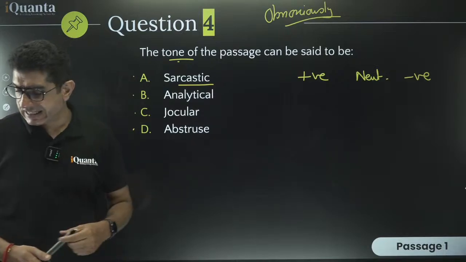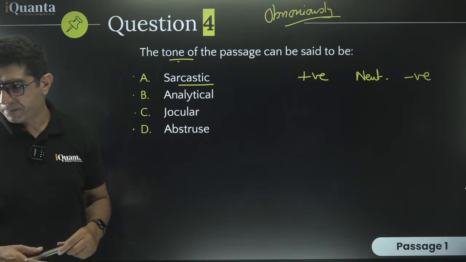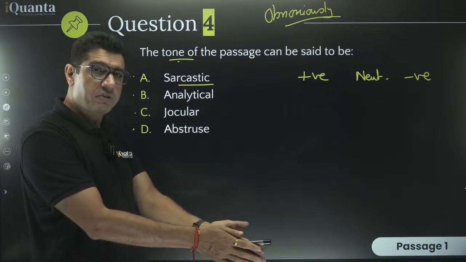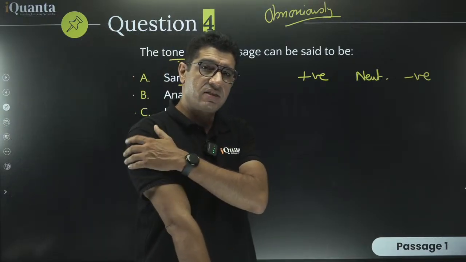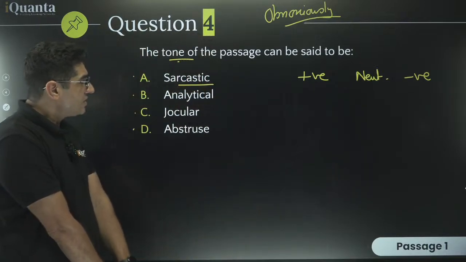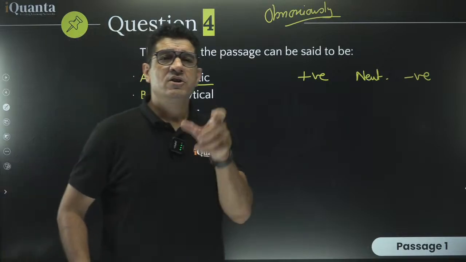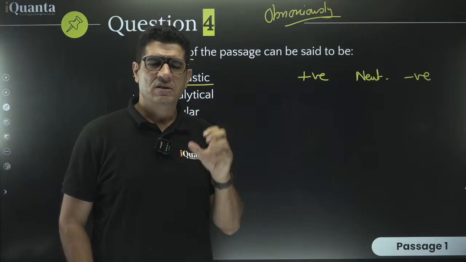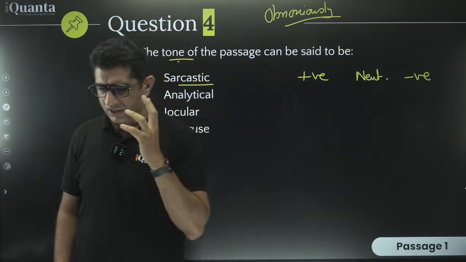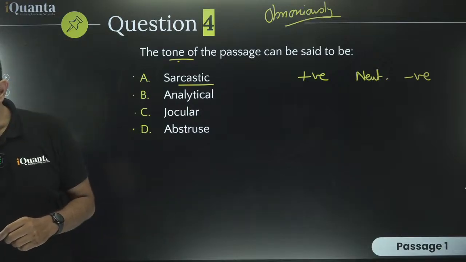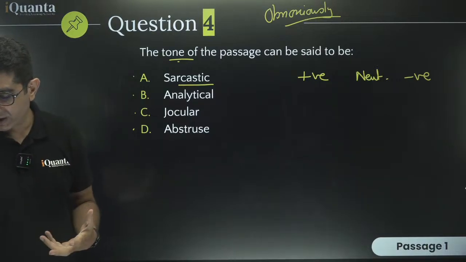So what exactly is sarcastic? What is sarcastic, friends? How do we define that? So sarcastic is where what you say and what you want to convey are two opposites. So sarcasm is use of words to convey the opposite of what you want to say, often with a mocking tone.